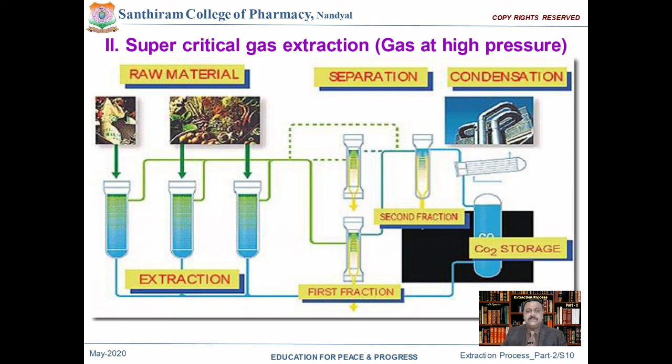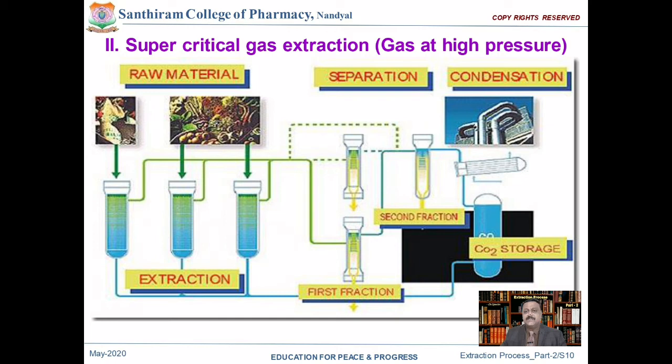And this liquefied gas, which is under high pressure, will penetrate through the plant tissue material present in the sample, dissolve and take out the active ingredients, and reach the second part of the extraction process.